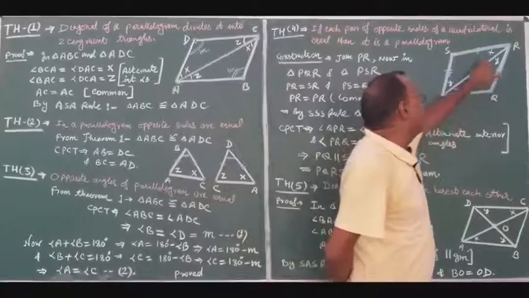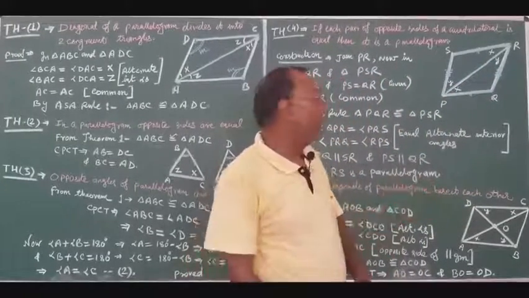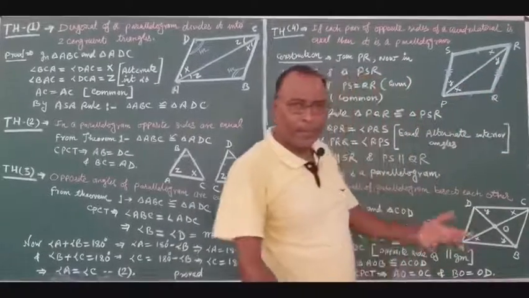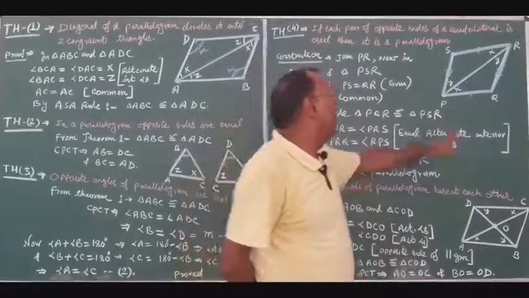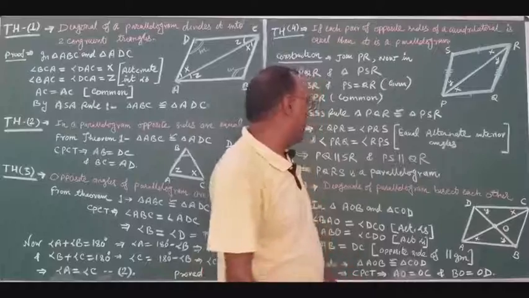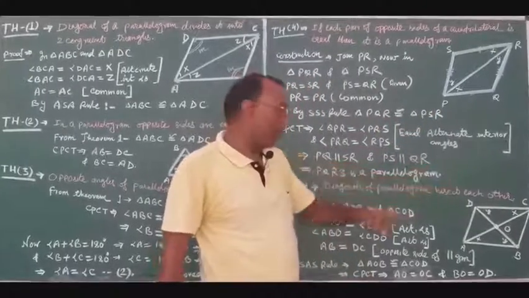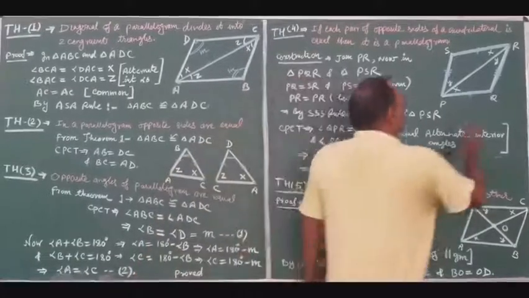This X and this X, they are alternate and equal. Again, this angle Y and this angle Y, they are again alternate angles. When these two angles are equal, then PQ is parallel to SR, and when Y is equal to Y, then PS is parallel to QR.